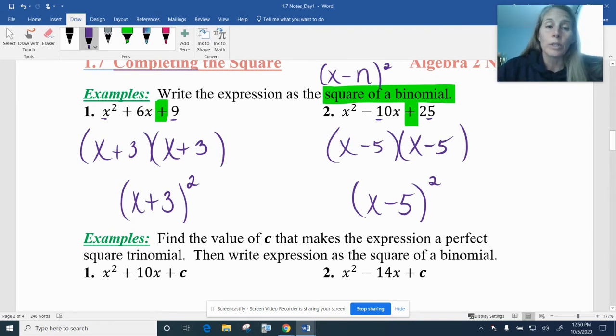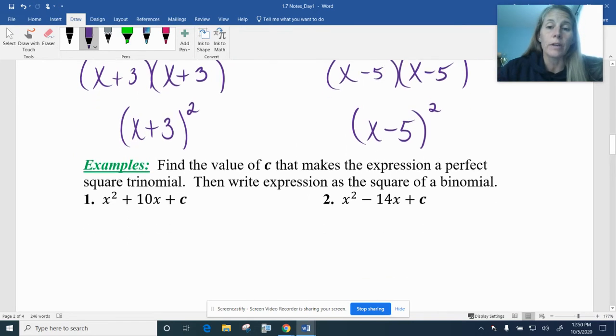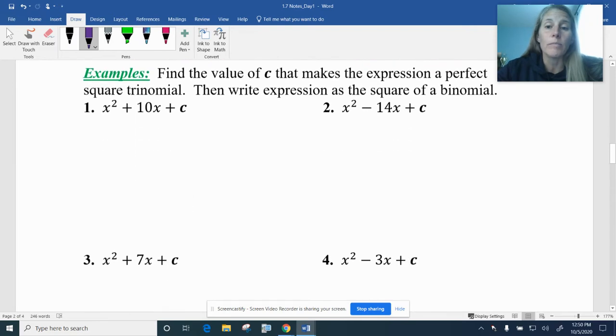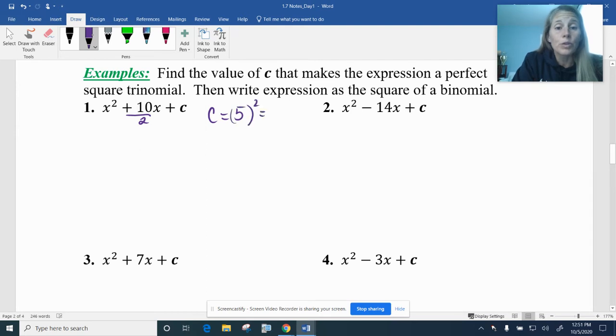Okay, so what we want to do when we complete the square is we want to figure out, well, what c value will make this a perfect square trinomial, because then we know we can factor it into that square of a binomial. So to find that c value, we're going to take that center number there, which is positive 10, and divide it by 2, which gives us 5. And then you're going to square that.